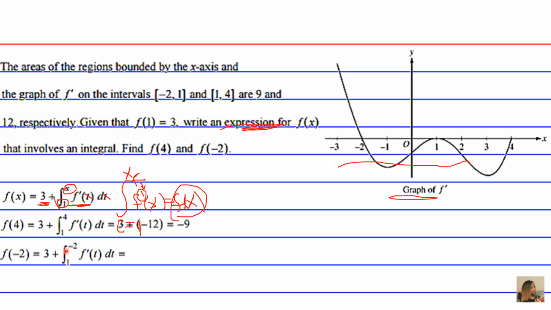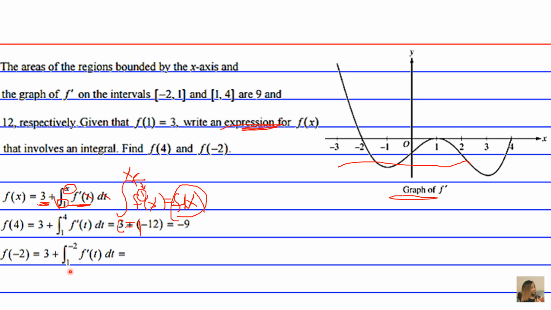So f of negative 2 is equivalent to 3 plus the integral from 1 to negative 2. And we're not starting at 0, we're starting at 1 because we already know our answer for 1. So we just skip a beat to go from 1 to negative 2. If we were starting from here, the integral would be from 0 to negative 2, but we're actually starting from out here.